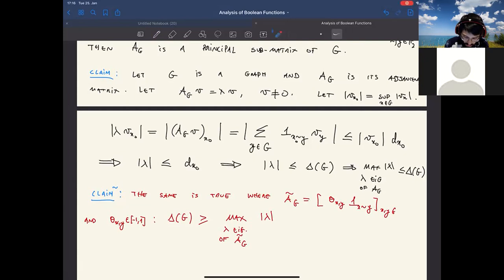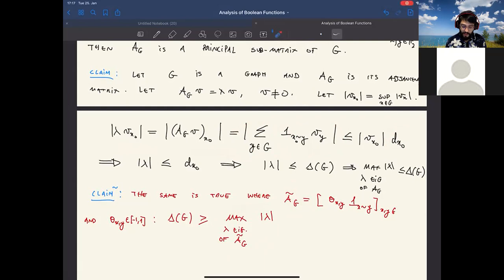But the same proof holds because you do the same trick. When you get up to here, now you have the thetas here. So then you just brutally bound everything, and this theta is always less or equal than 1. Then you brutally bound by the degree, and there we go. Okay, so I am allowed to put plus or minus 1 in the entry.